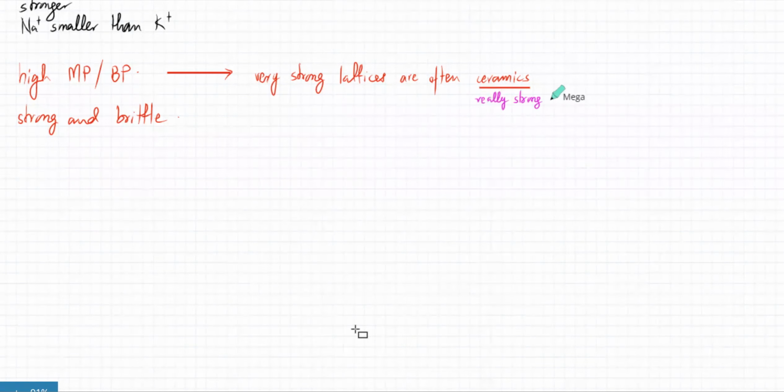So they're really strong and they've got high melting points, boiling points, and they're good insulators as well, both from heat as well as they're going to protect you from electricity. So MgO is one of them. Most of the furnaces that you make, you make from MgO.